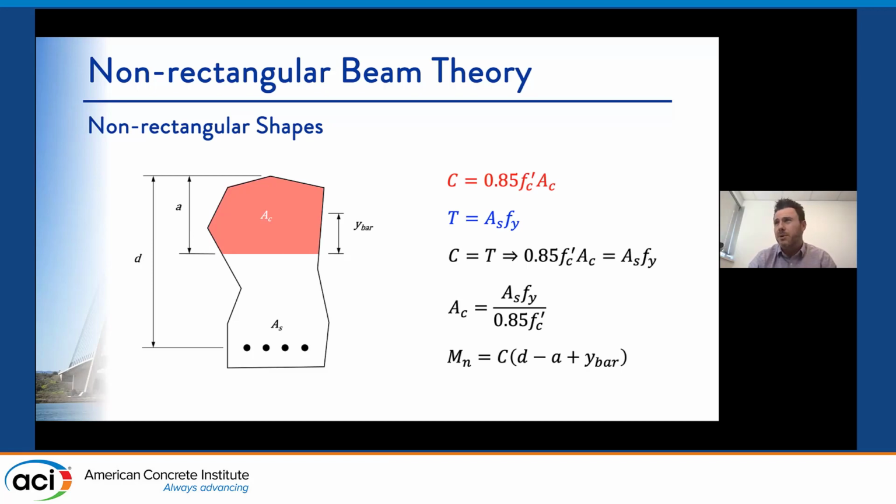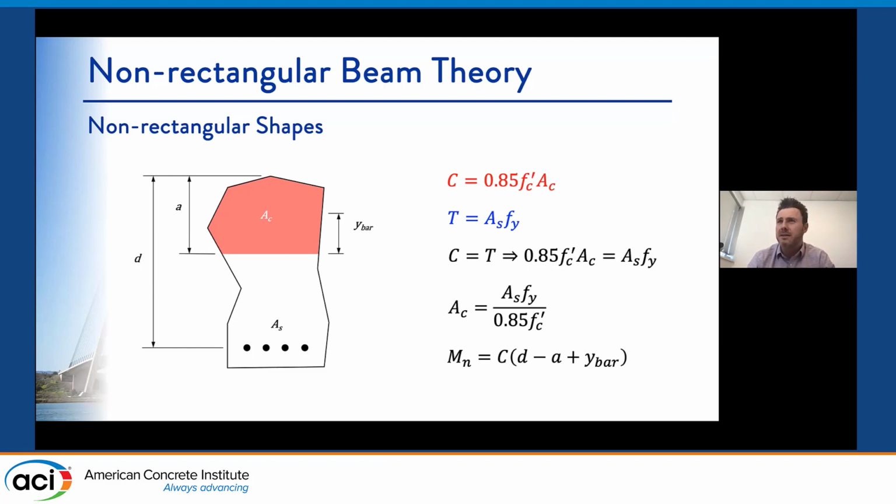And we want to be able to break that shape down into little shapes that we can work with. I mean, if we wanted to, we could find the centroid of this, we could title it as y bar, and we could progress through calculating the nominal moment capacity as the distance from the tensile steel to the centroid of that shape. Now, is that very efficient? Probably not, depends on the shape.